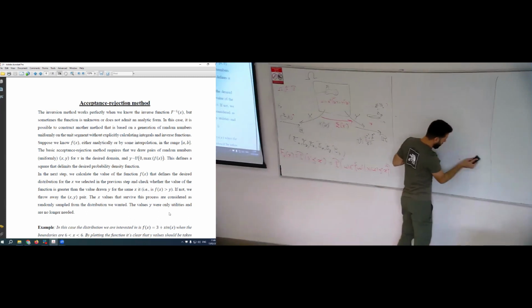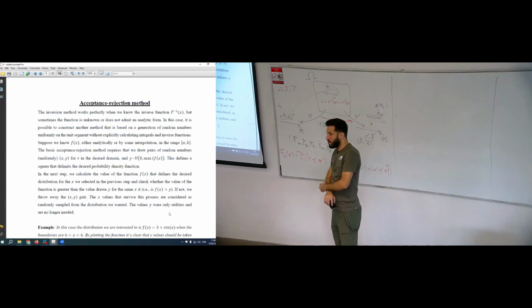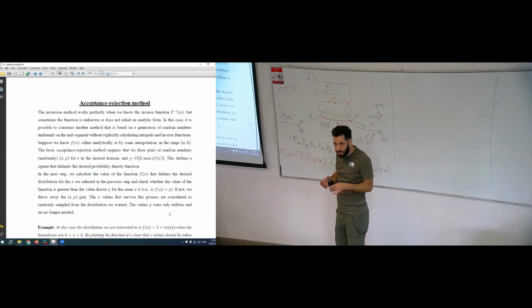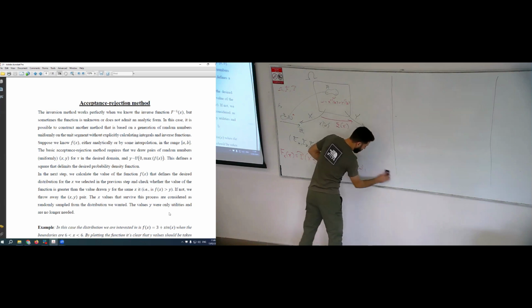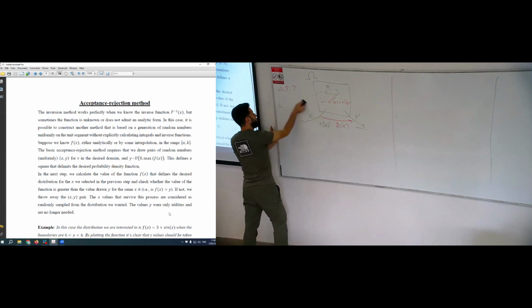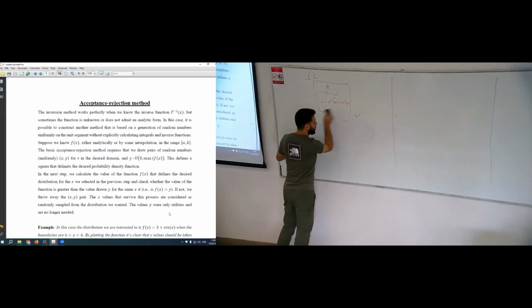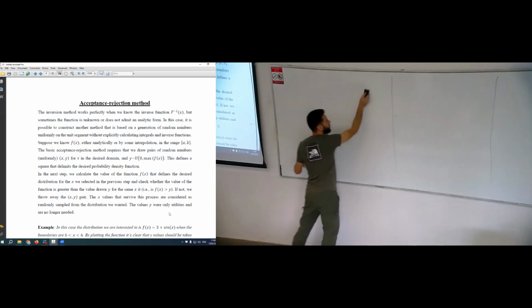Suppose that we have it, but we don't know how to integrate over it, or that its integral is a complex function or complicated, or that its inverse is complicated, we cannot find that inverse. So how can we deal with this? There's the method of acceptance and rejection, and it is a very, very easy method.